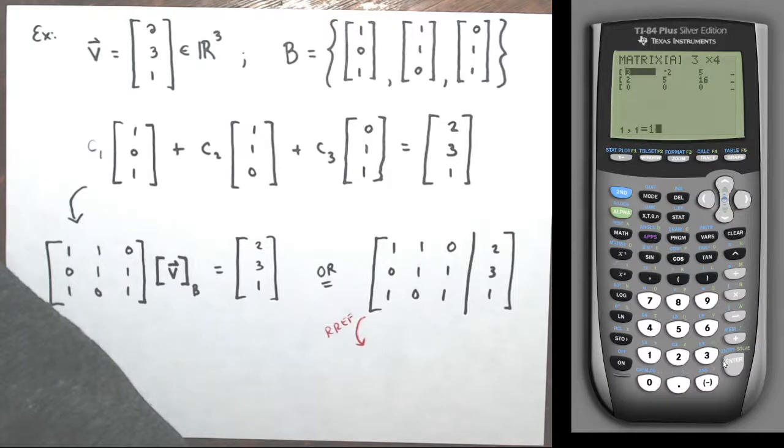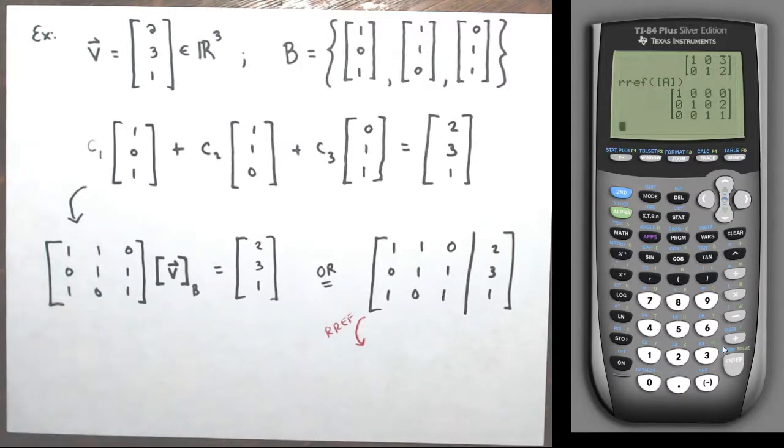All right, so 1, 1, 0, 2, 0, 1, 1, 3, 1, 0, 1, 1. All right, and then I already have reduced row echelon form entered, so I'll just re-enter it.